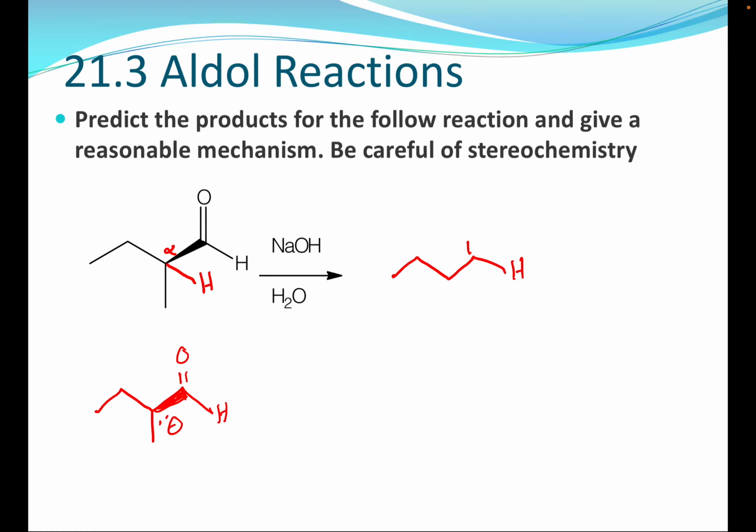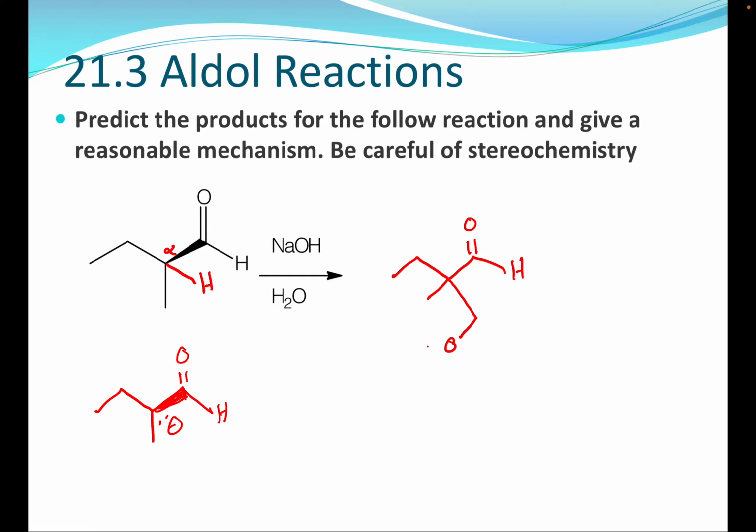Here's that. So we can think of this molecule as belonging to the enolate. And then we have the lone pair that's going to do an attack. Here's our new bond, and I've exaggerated it a little bit, that is going to form between our negative charge on the alpha position and the carbon that used to be the carbonyl carbon.